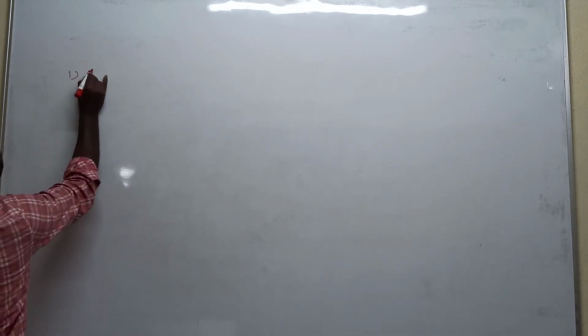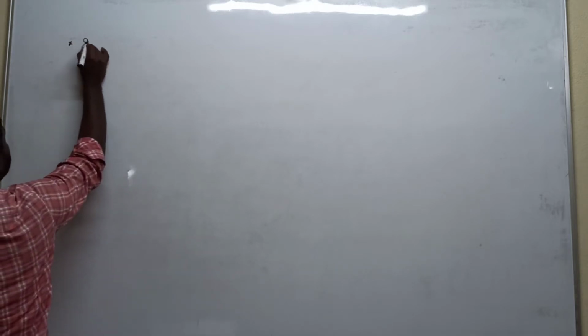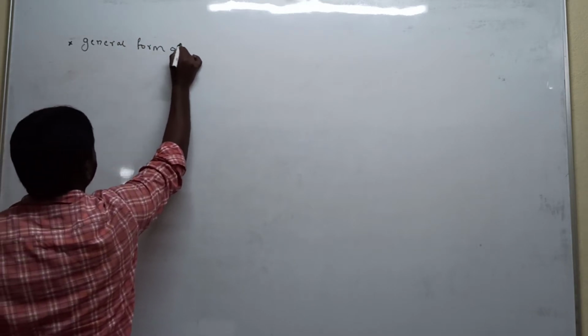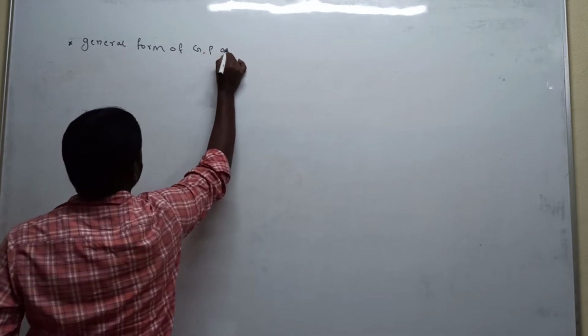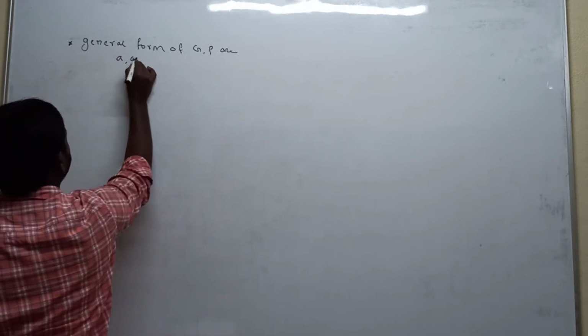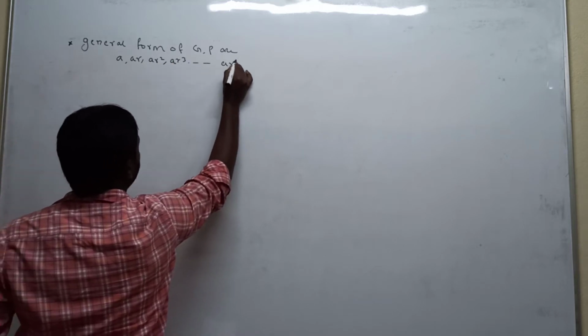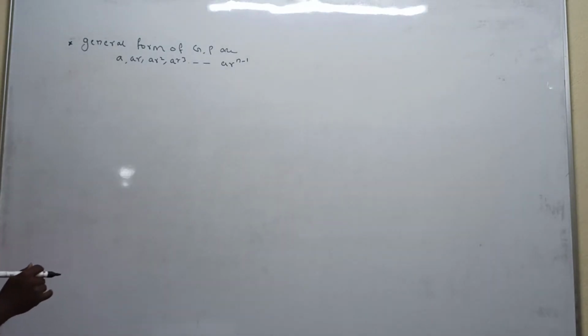So here are the problems, first question. First of all, what is the general form of a geometric progression? I already explained it. The general form of a geometric progression is A, AR, AR square, so on, A into R to the power of n minus 1.